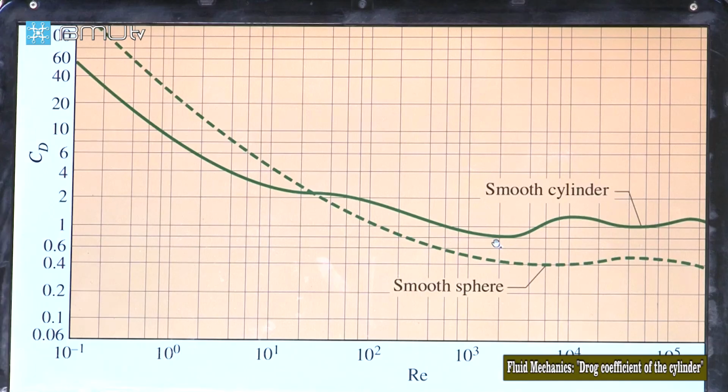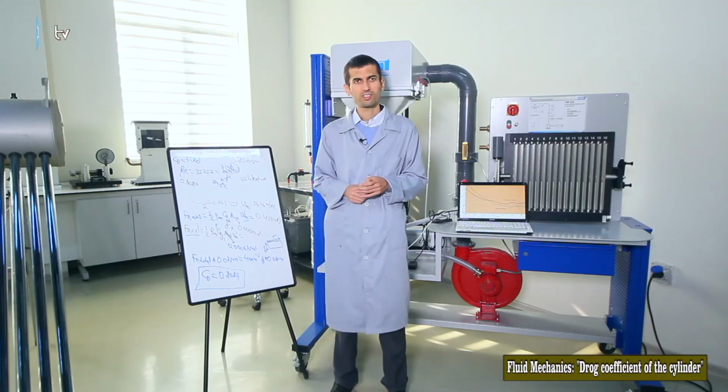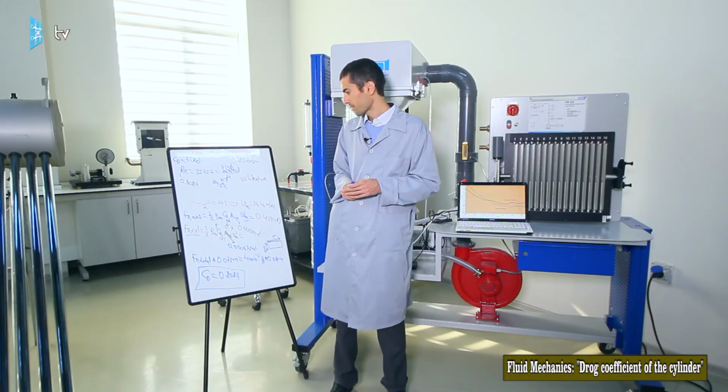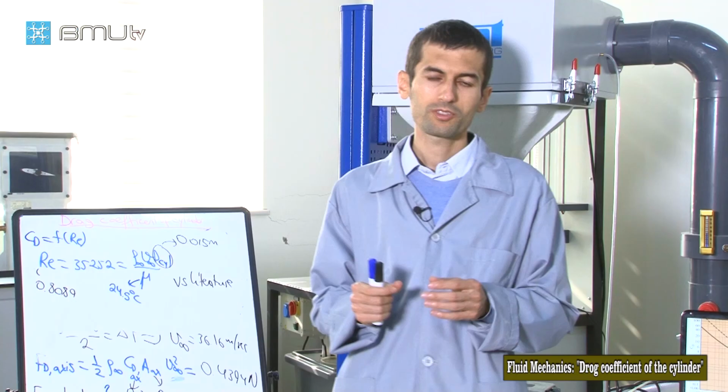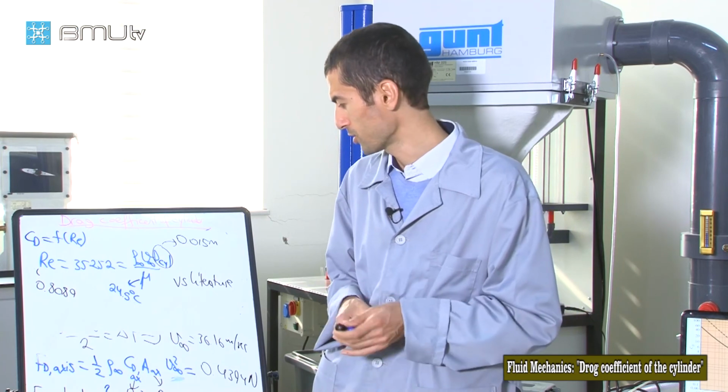Now a small discussion. Here we don't have large errors, because the cylinder in our case is very smooth, and the values are very close to the literature values. Therefore, we don't have large errors for this experiment.